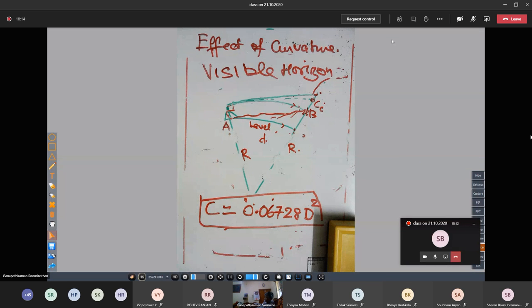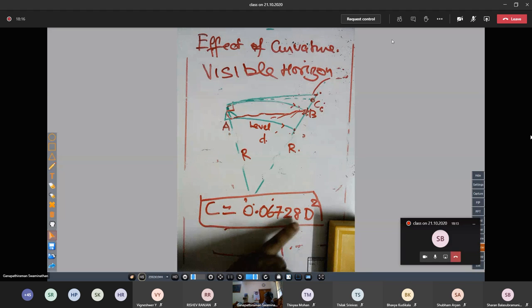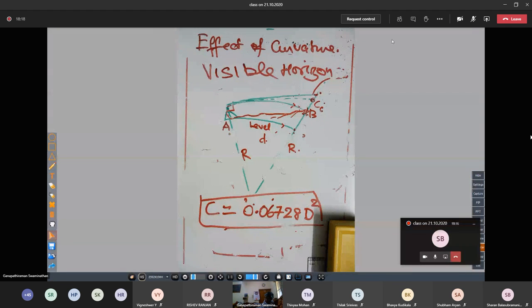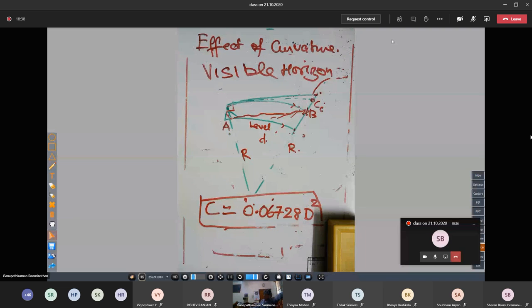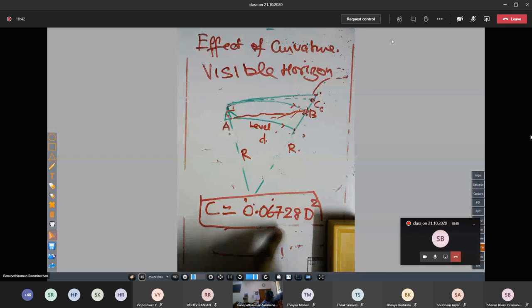Normally, when I was a student, I used to remember the last 2 digits as 35, 0.06735 D square. But in the book it has been given as 0.06728 D square. Mind it, D is in kilometer. You substitute 6/7 of D square over 2R, where R is in kilometer, and you get this value.